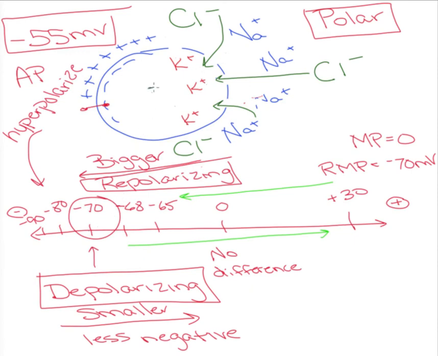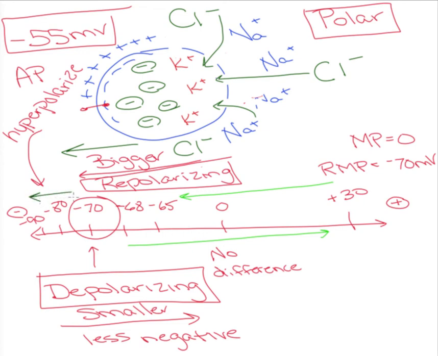If you add negative charges to the inside of the cell, we're making it more negative. We are making that membrane potential bigger. We're going this way. And in fact, if the cell is at negative 70 at rest, and you add a bunch of chloride charges to it, it's going to hyperpolarize this cell.